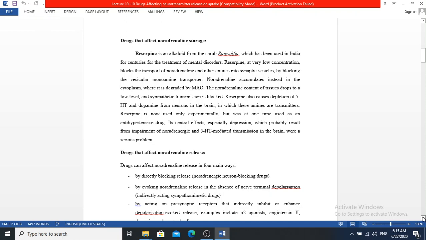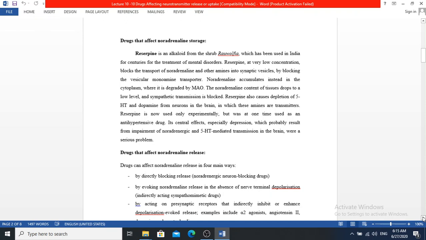Reserpine at very low concentration blocks the transport of noradrenaline and other amines into synaptic vesicles by blocking the vesicular monoamine transporter.